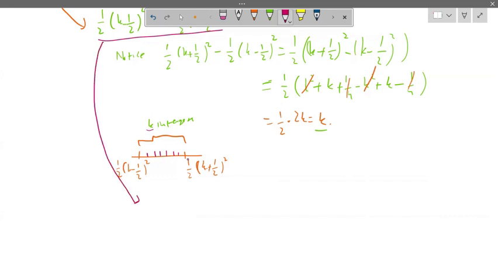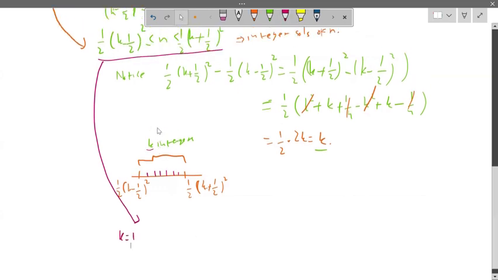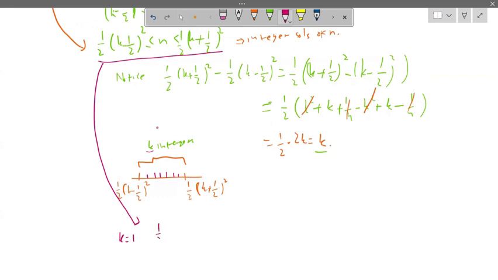All right. So if k is equal to 1, then the lower bound is 1/2 times 1 minus 1/2, which is 1/2, and you square it, you get 1/4. Then n is less than 1/2 times 1 plus 1/2, which is 3/2.